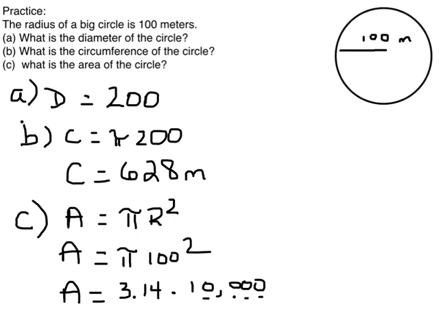I've got a decimal number, so I'm going to move the decimal 1, 2, 3, 4. So the area here would be 31,400 meters squared.